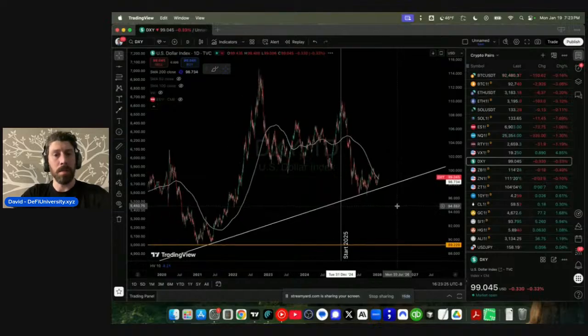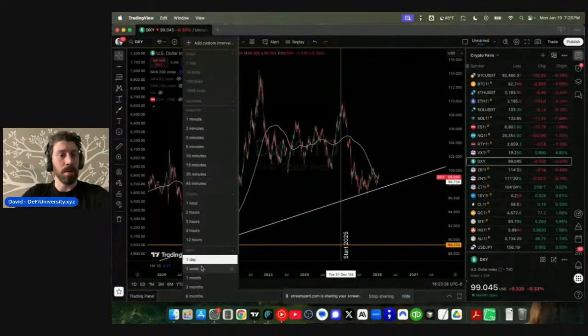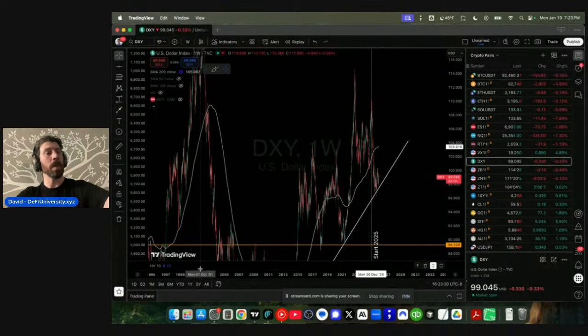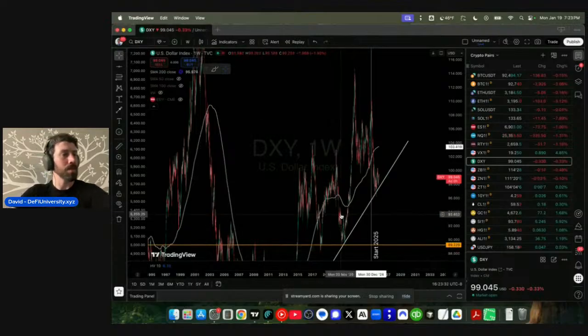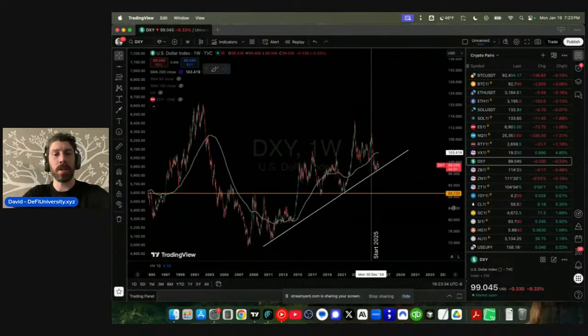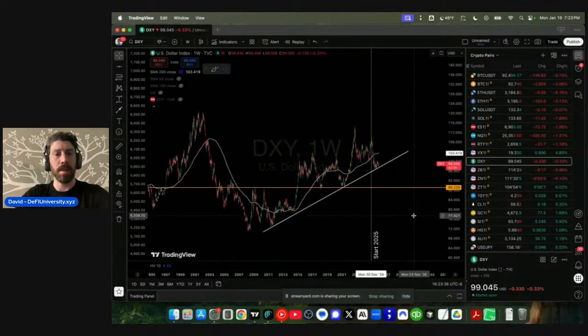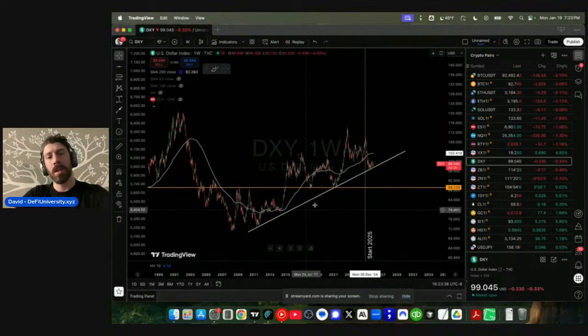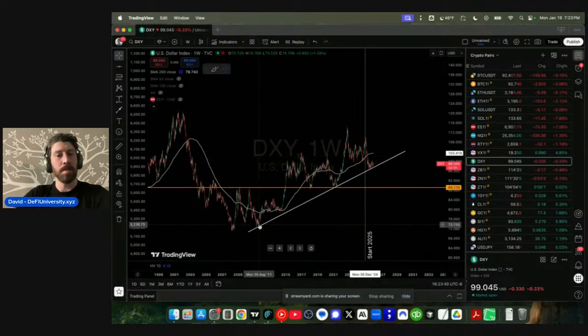Okie dokie. So if we start on the dollar by zooming out to a weekly, I think that's probably a good place to start, because that way we can take a look at this long-term trend line support. You see that? Long-term support. This dates back all the way to 2011.